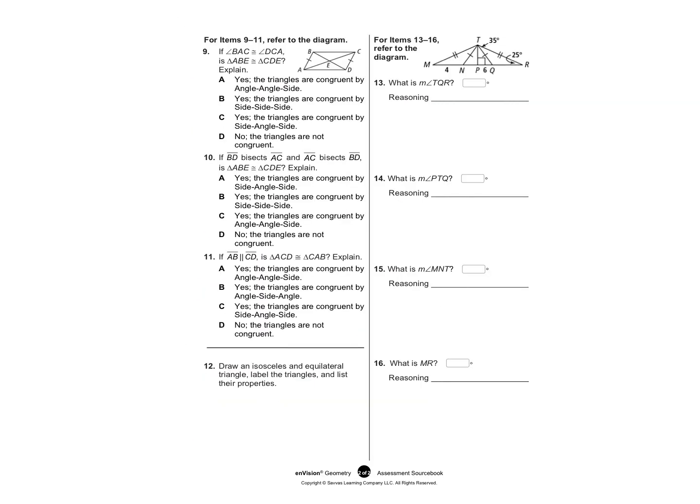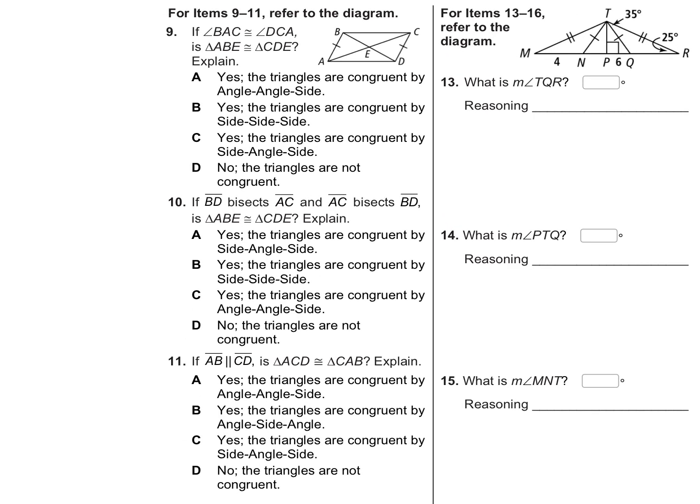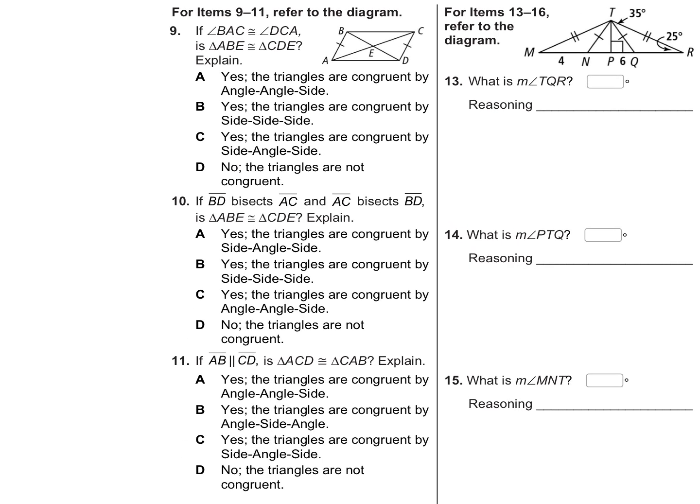All right. When you get to the back, number 9, 10, and 11, yes, they are on the same picture, but they are different problems. So once you do number 9, it's a new problem when you get to number 10. Let me explain that.